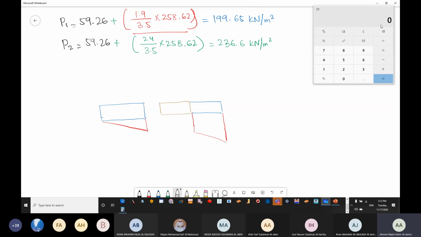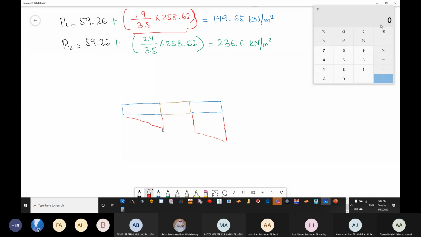Let me just draw it. I'm trying to separate them.